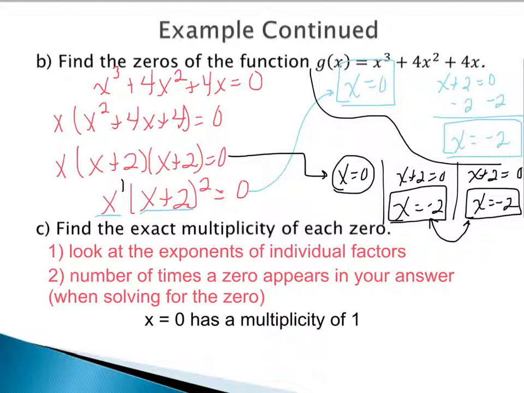So x equals -2 has a multiplicity of 2. Or, if you didn't rewrite it as (x plus 2) squared, solving them individually, you get x equals -2 and x equals -2. It appears twice, so its exact multiplicity would be 2. That's finding the exact multiplicity, saying how many times it appears.